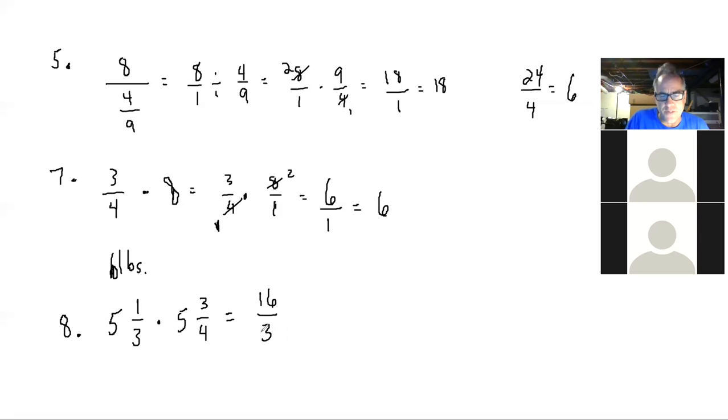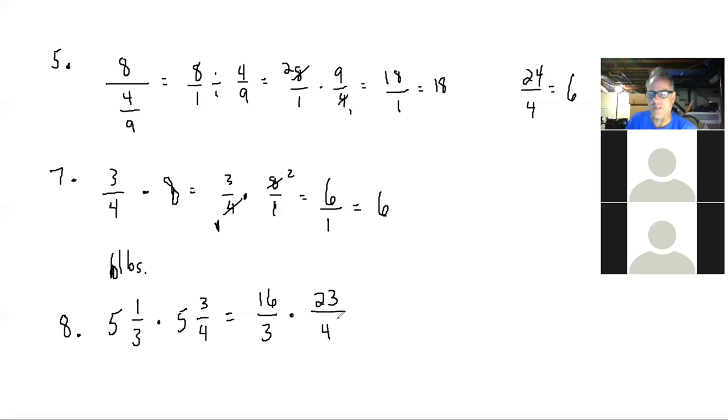The denominator in the improper form will be the denominator of the fractional part of the mixed fraction every time. So this times this plus this gives me my numerator, and my denominator is this. Converting this one in the same fashion, 4 times 5 is 20, and 20 plus 3 is 23 over 4.